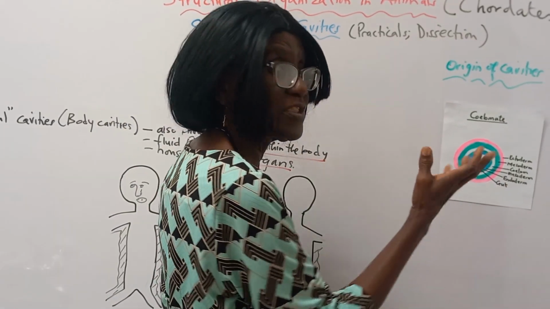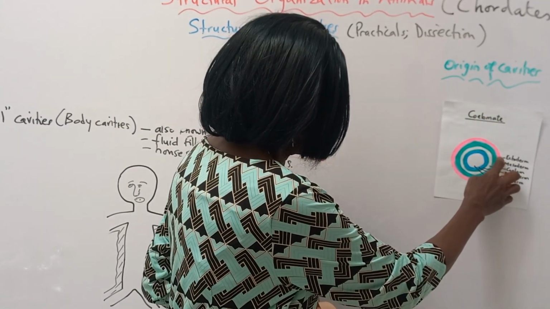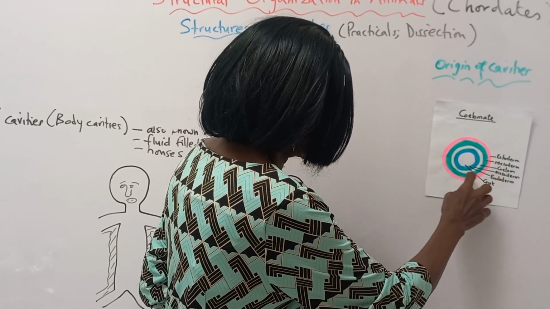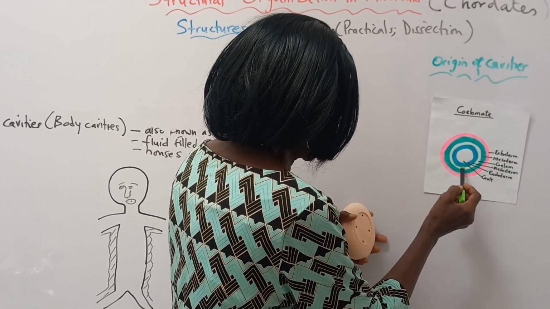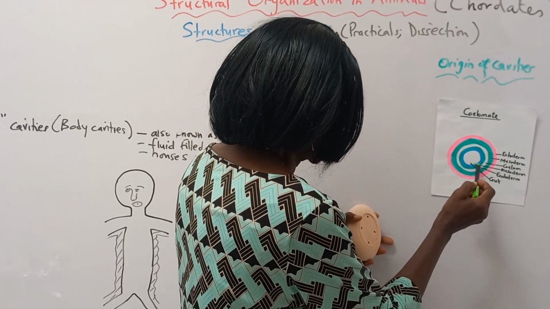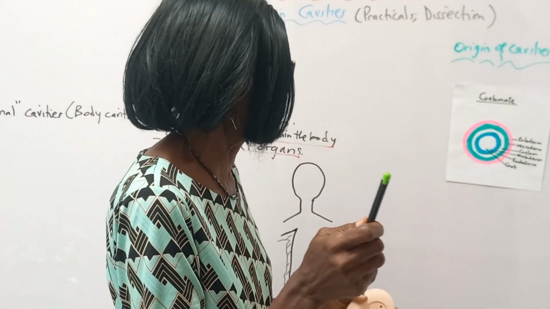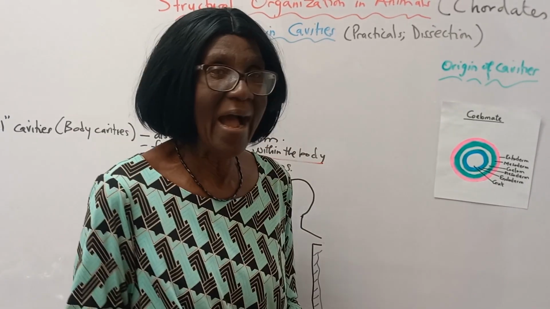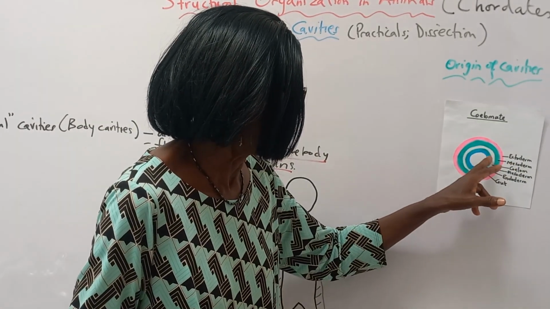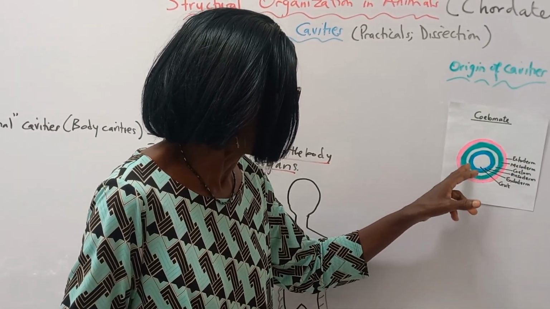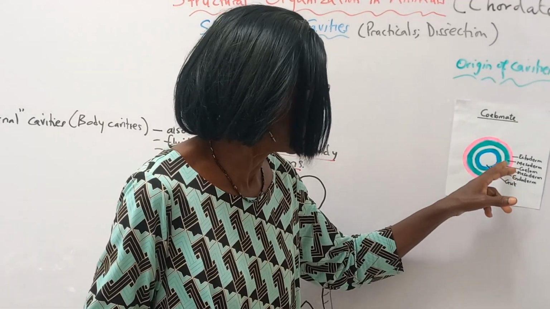Now, this is a coelomate. We have the ectoderm, mesoderm, and this fluid-filled space, the coelom, and then you have mesoderm, endoderm, gut. Now, the internal organs are formed by the mesoderm, and they lie in this fluid-filled cavity, which is the coelom.